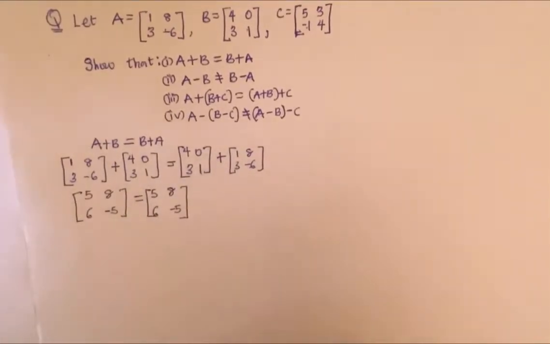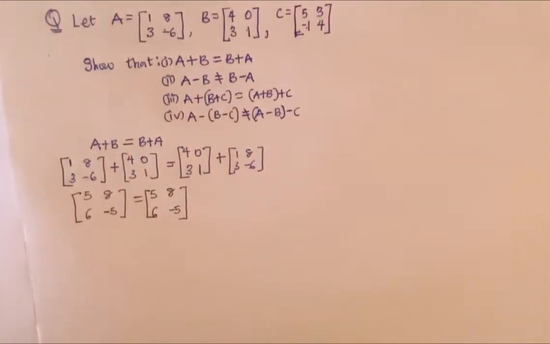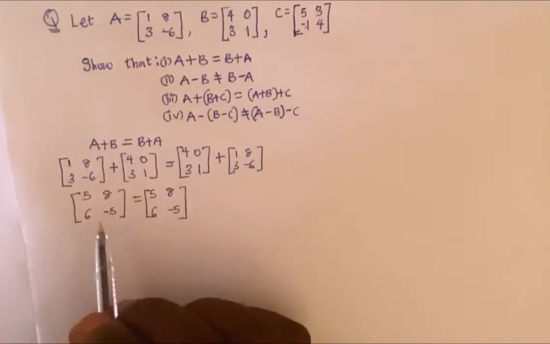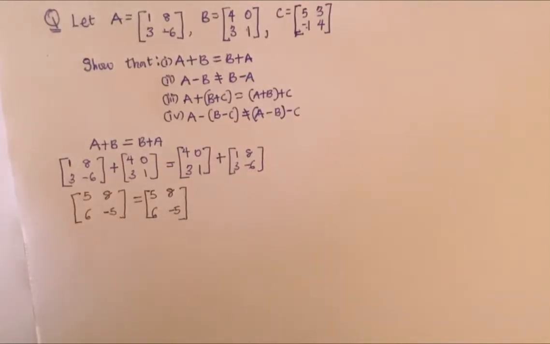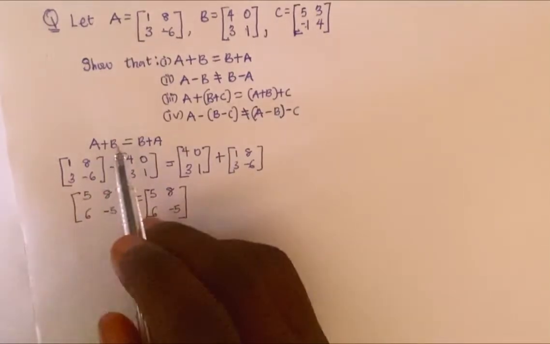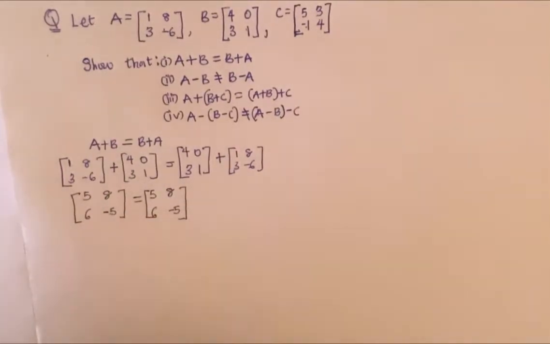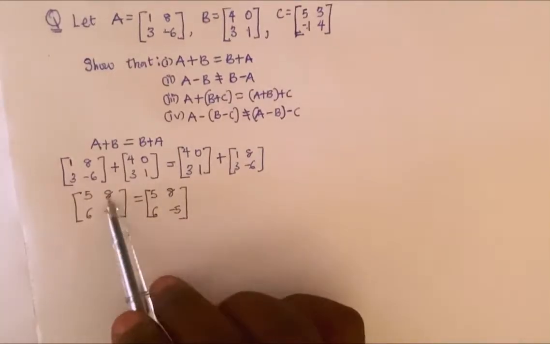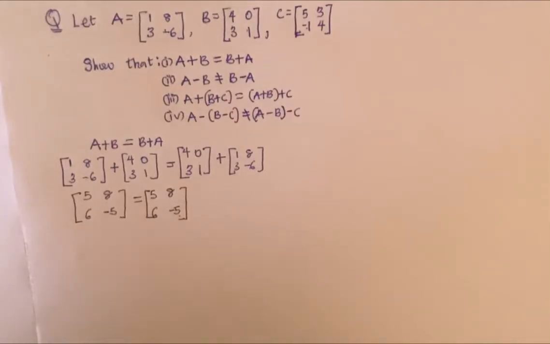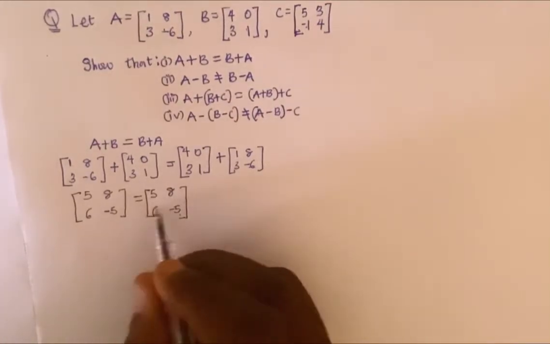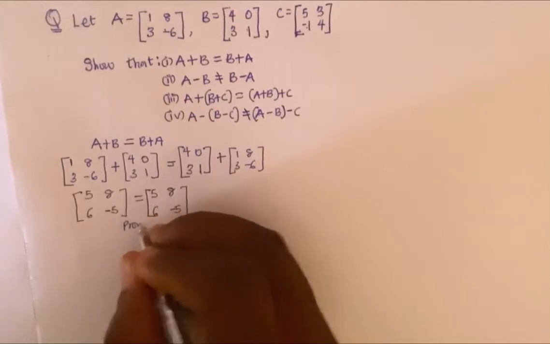To verify if it's equal, we need to check the elements in the matrix on this side and also this side. If both are equal, that means the law holds true for A plus B and also B plus A. Exactly. So we have 5 here, 5 here, 8 here, 8 here, 6 here, 6 here, and minus 5 here. Since both contain the same elements, this and this are equal, which means it is proved.